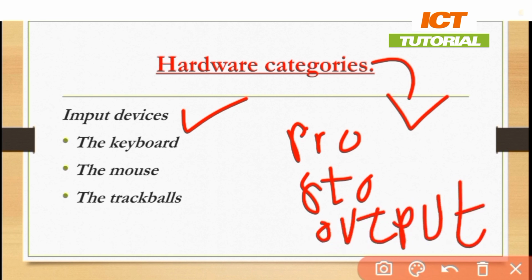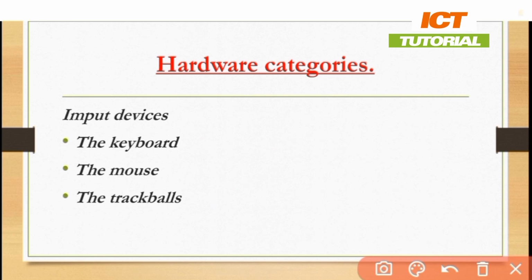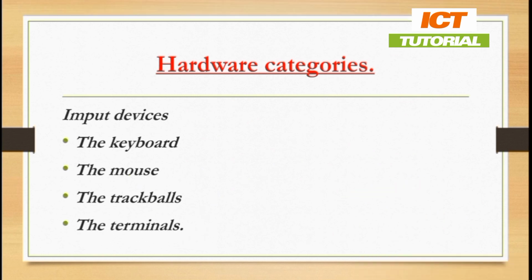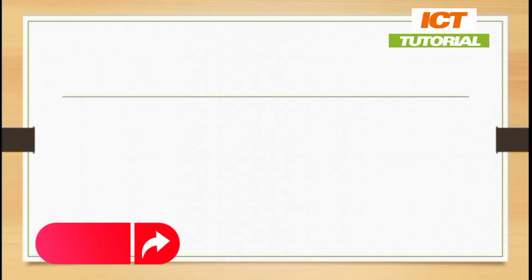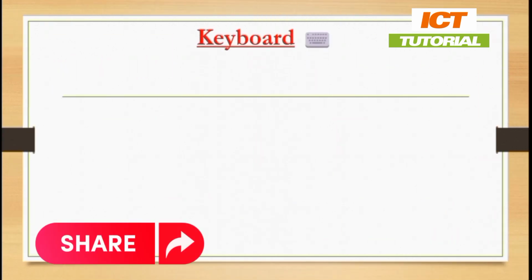So we are going to begin with this, where we have the keyboard, the mouse, the trackballs, and the terminals. The last is the terminals. So we are going to begin with the keyboard one by one.